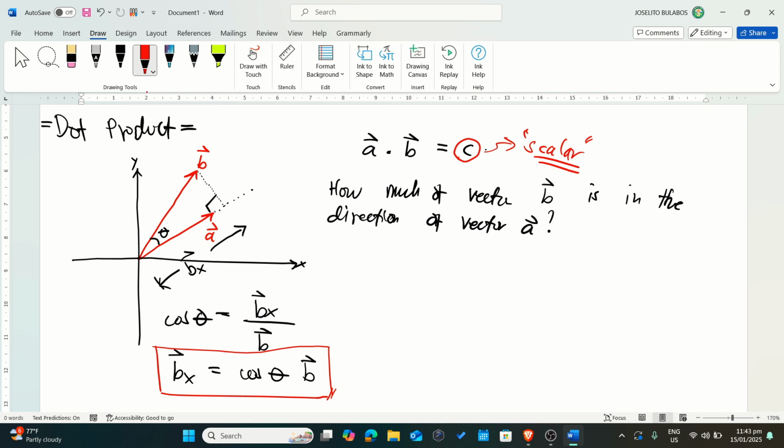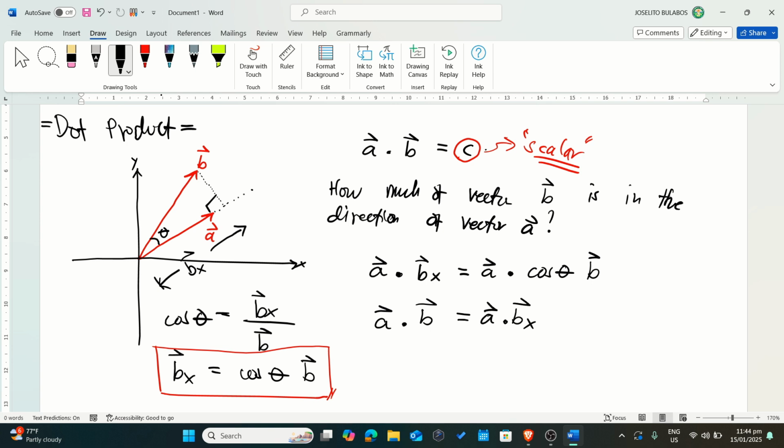Now the next step is to multiply vector A by vector B along the direction of vector A. What we get is the magnitude of A times B cosine theta, or we would say A dot B must be equal to A times Bx, which is the magnitude of vector A times the magnitude of vector B times the cosine of the angle.